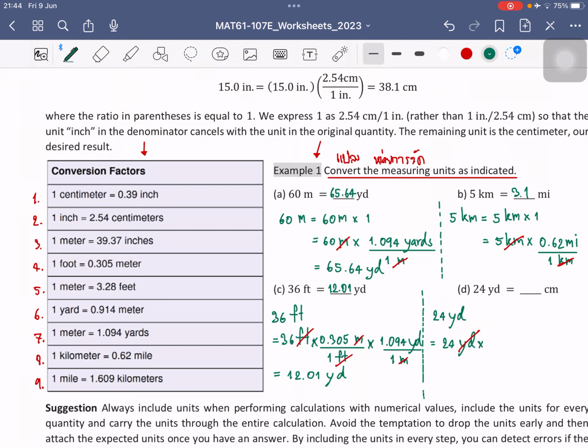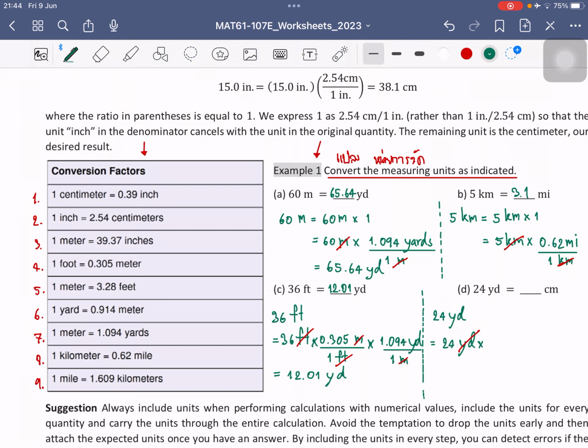from line 6 we have 0.914 meter equal to 1 yard, and we know that 100 centimeter equals 1 meter, right?